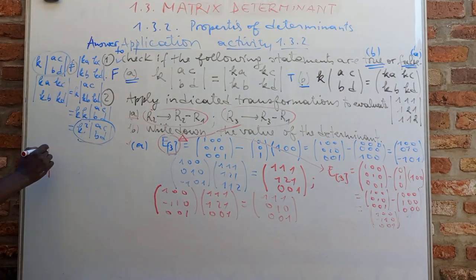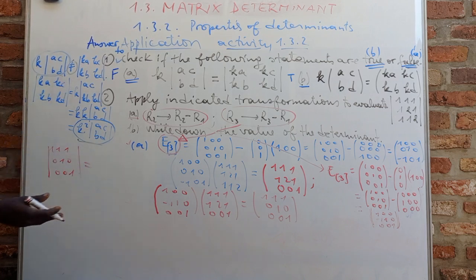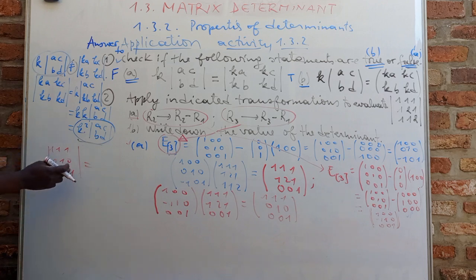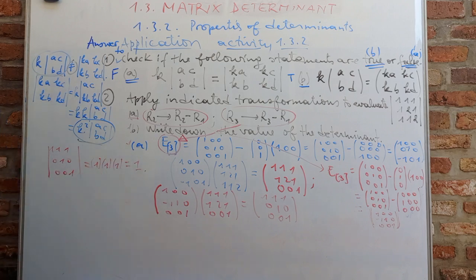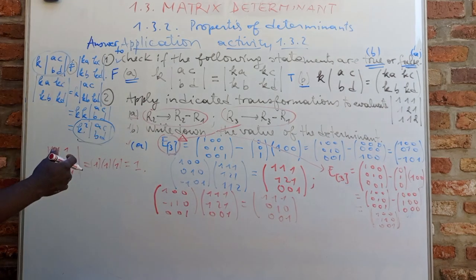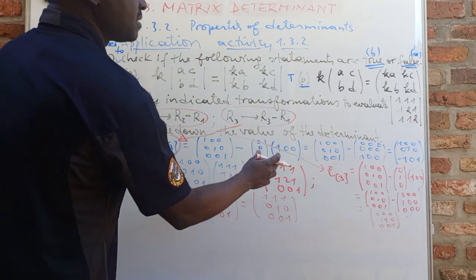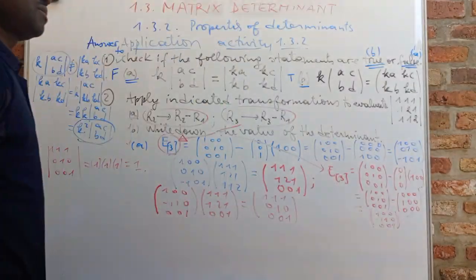So finally, after those two transformations, 0 1 0, 0 0 1. So the determinant, as it is a triangular matrix, is the product of the diagonal elements. So this determinant is equal to 1, and this determinant is the same as for the original one.